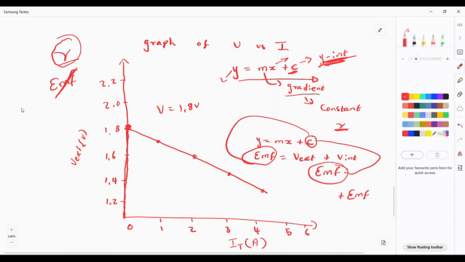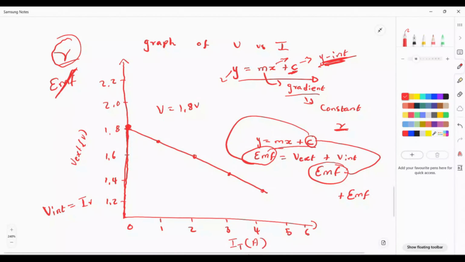How is it a gradient? Because if I have V internal, this is equal to IR over there. So in this case, I didn't rearrange it correctly.